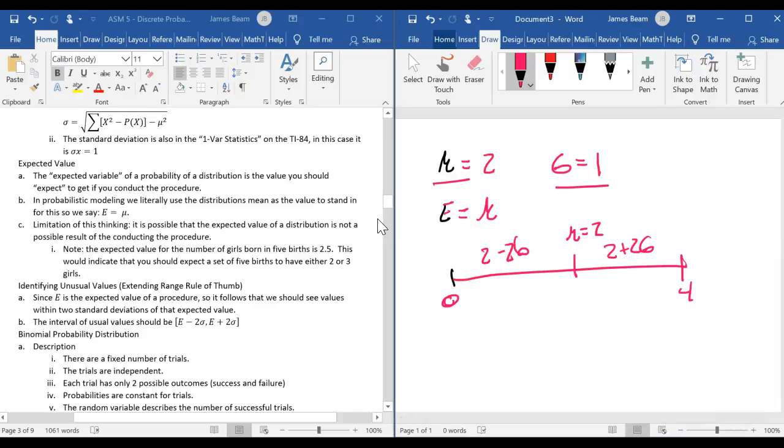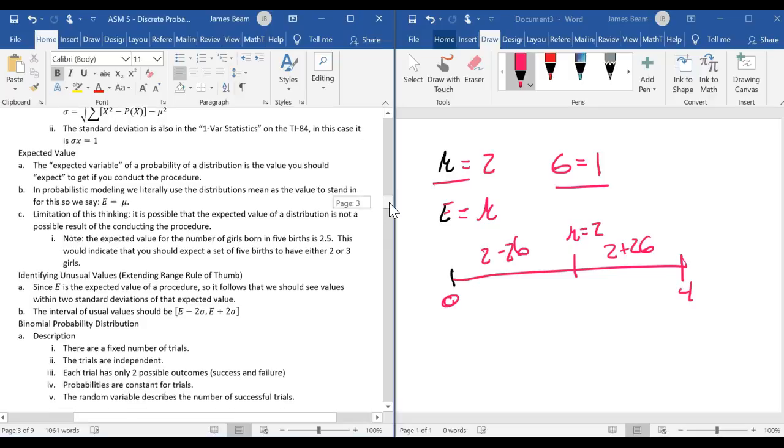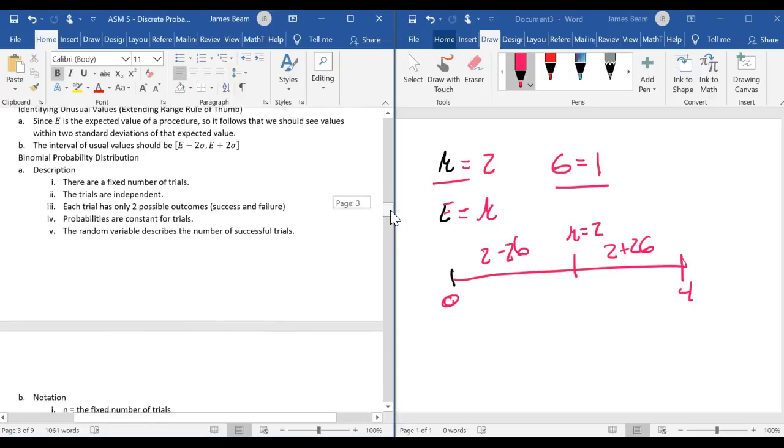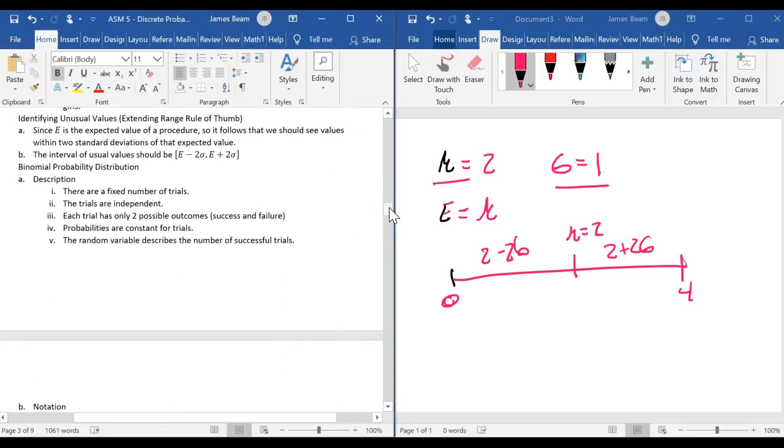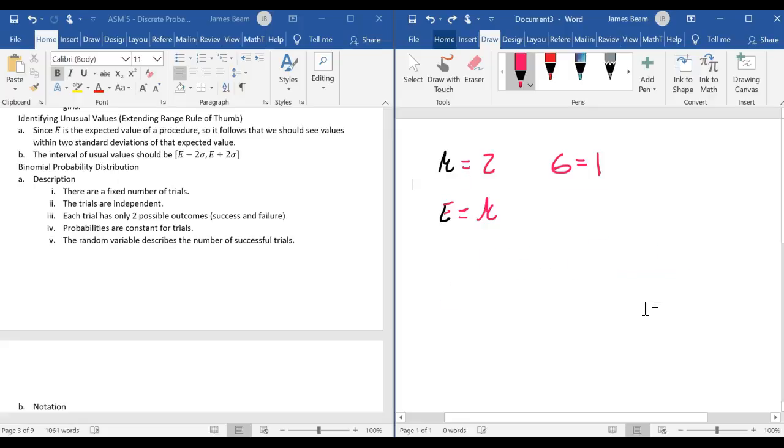All right, so that's a generic probability distribution. On the discrete side of things, we have two named distributions that I tend to teach. Now, not every course teaches the same probability distributions.